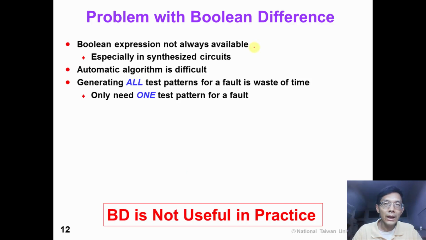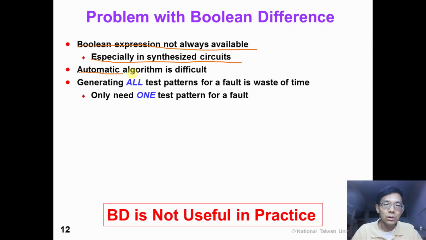Boolean difference sounds like a very nice technique to find the test patterns. However, a Boolean expression for every output may not always be available, especially for modern large designs where the circuits are synthesized by automatic tools.